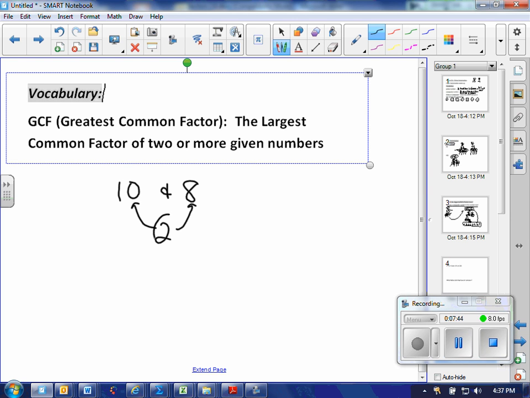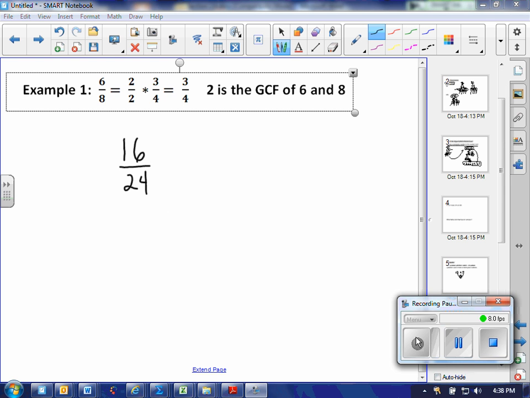But 2 is the largest factor that can be multiplied to get 10 or 8. Or another way you can say it is, what's the largest number that both of these numbers can be divided by?